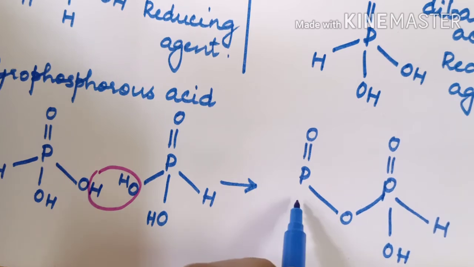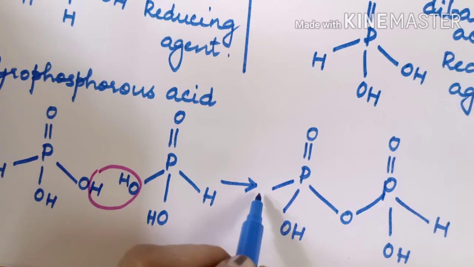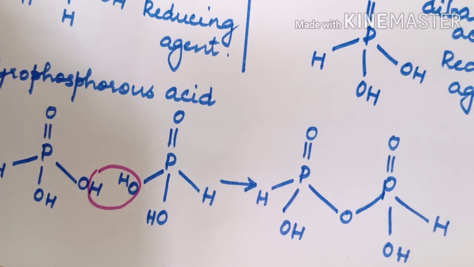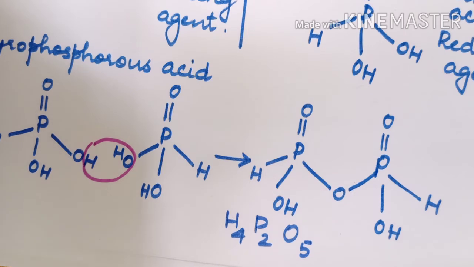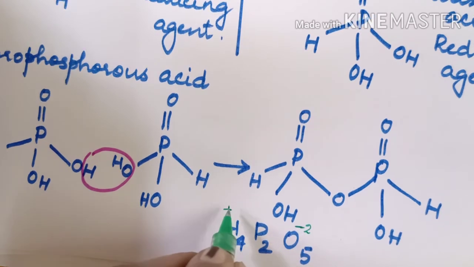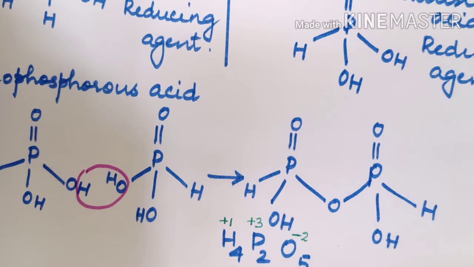It also possesses two P-H bonds, so it can act as a reducing agent. So the formula of the compound becomes H4P2O5 with +3 oxidation state. Phosphorus is found to have +3 oxidation state.